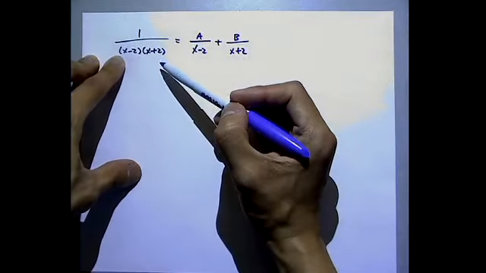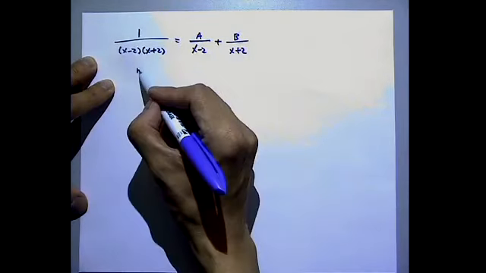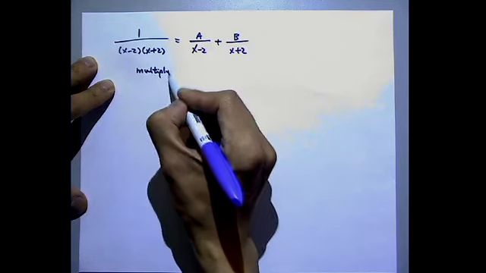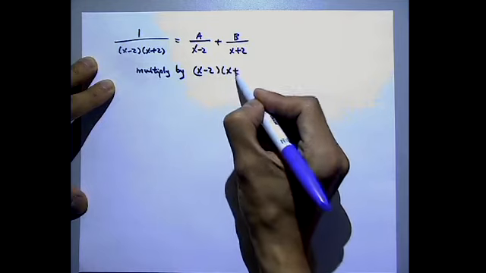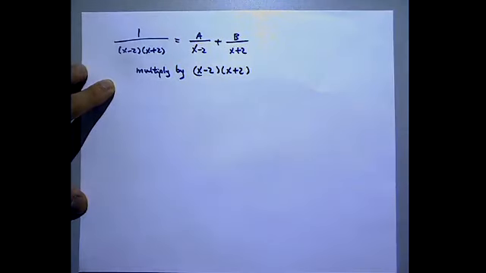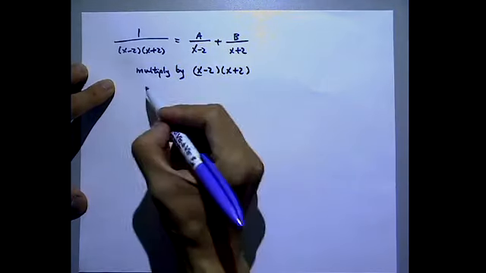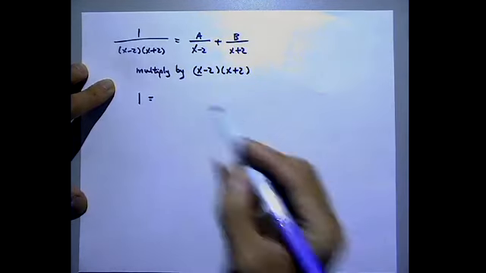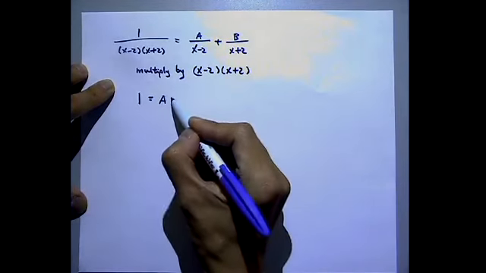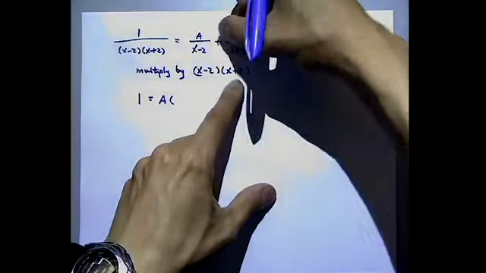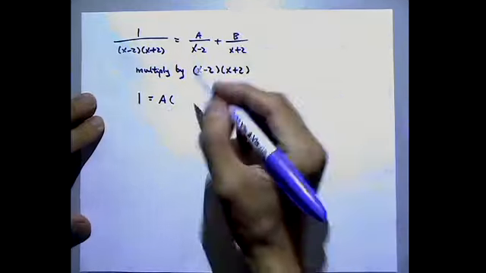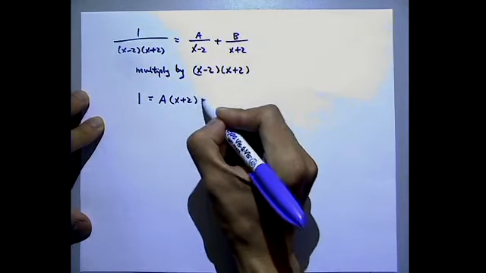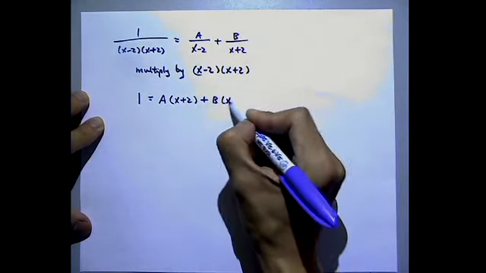Okay, and then we multiply both sides by x minus 2, x plus 2. And left side, of course, we get a 1. And right side, we get a times x plus 2, right? The x minus 2 will cancel. And b times x minus 2.